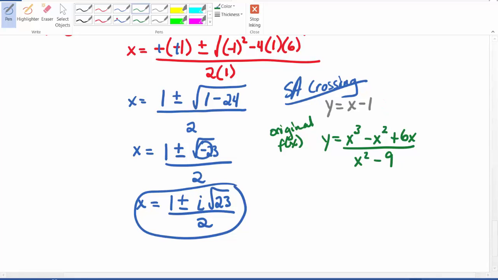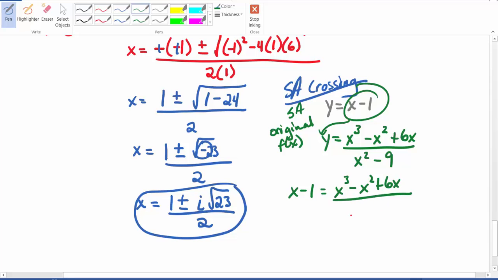And pretty much just using the substitution method, we are taking this from the slant asymptote and throwing it in for y in the second equation. Let's see, for what x value is that actually happening? We have x minus 1 is equal to x cubed minus x squared plus 6x all over x squared minus 9.